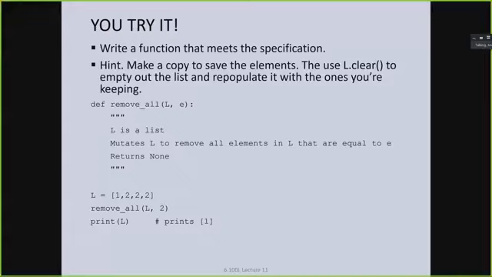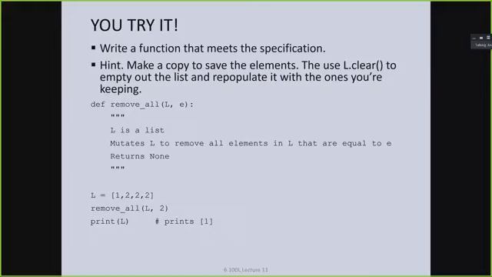So we're starting this lecture off with a quick little exercise just to get you to remember what we did last time and to practice writing a little bit of code with mutable objects. I would like you to write this function called removeAll. This is going to feel very similar to something we did last lecture.